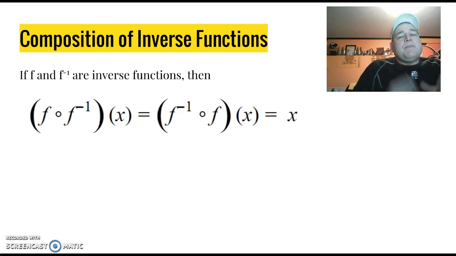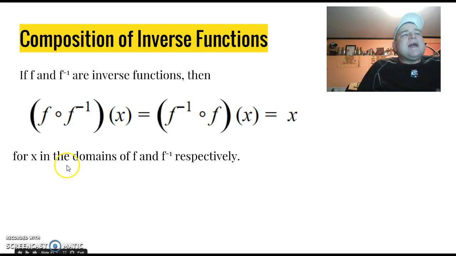This is the one time that composition of functions must be commutative. That is, the composition of the function with its inverse must equal the composition of the inverse with its function, and they both must equal x, for x in the domains of f and f inverse, respectively.